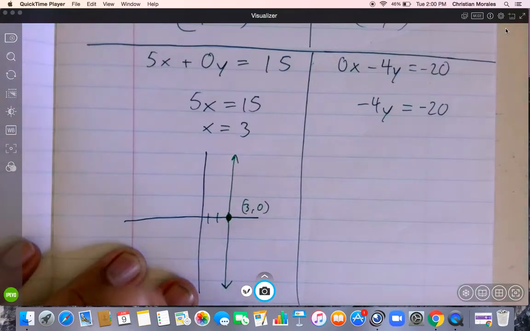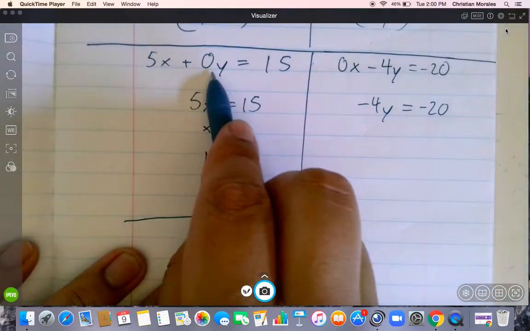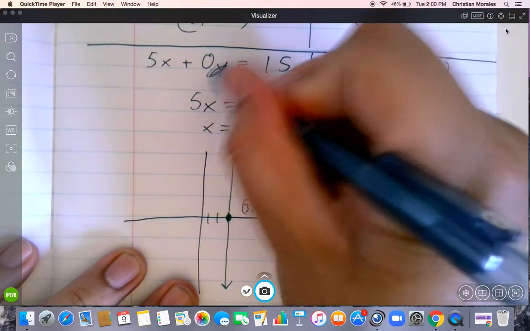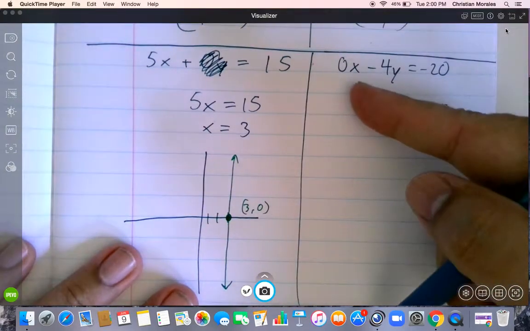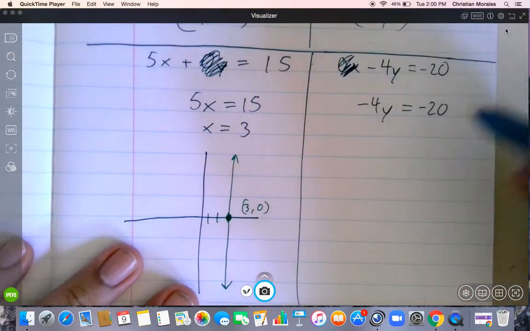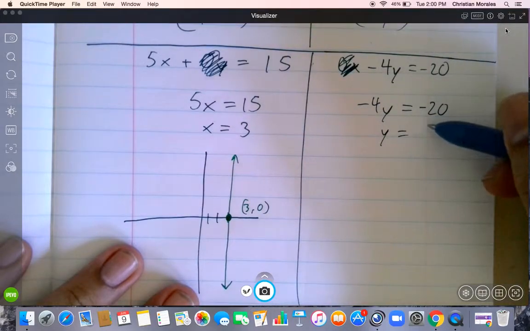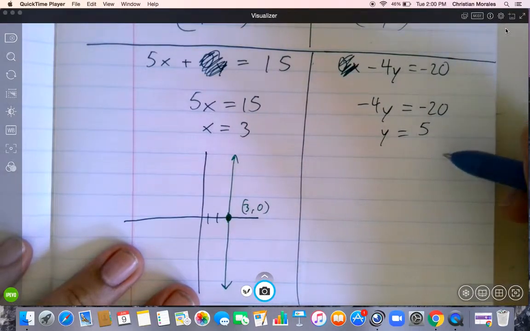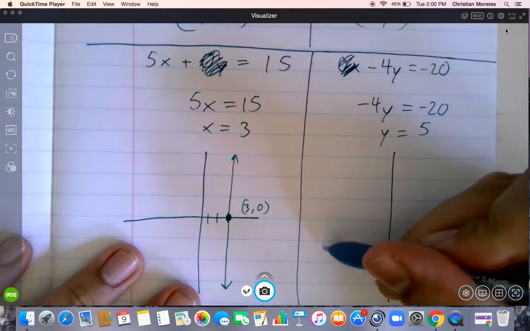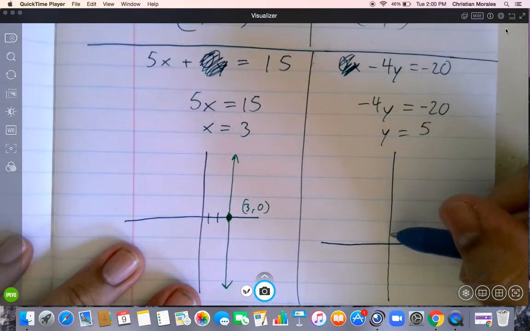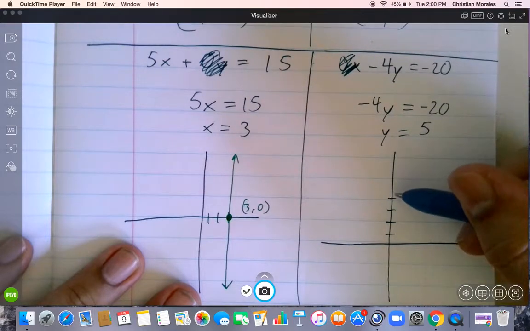Because there's only one point. Because this doesn't exist. There is no y. Now here there is no x. So when you solve this, you're going to get positive 5. So your coordinate, when you graph this, will be at 1, 2, 3, 4, 5.